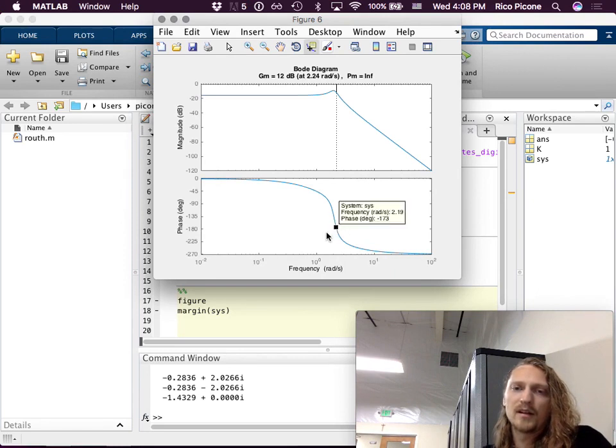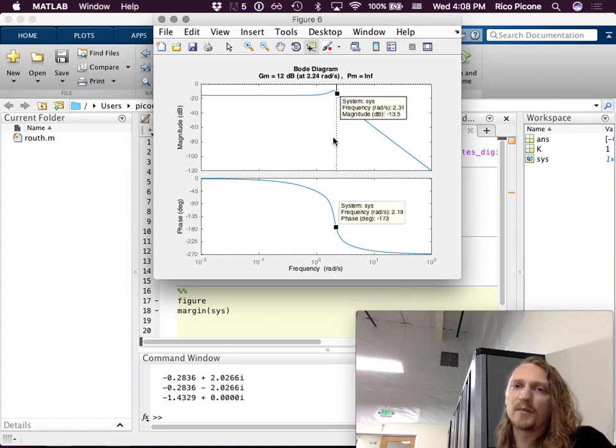But let's see, in between those 2 points, we look up here and we see how much gain we can increase before we hit 0 dB. And that's this distance.